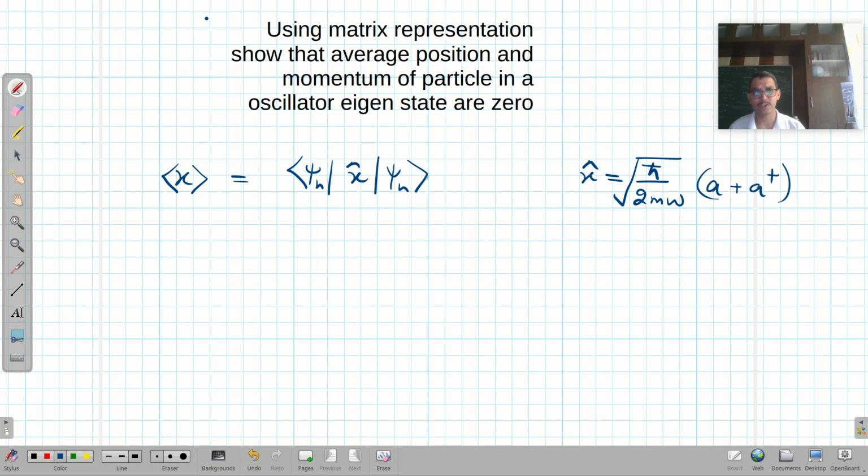So this is the value of this. So that means this x can also be taken as proportional to a plus a dagger. So if I put this value here, this is proportional to psi n, a plus a dagger, psi n.